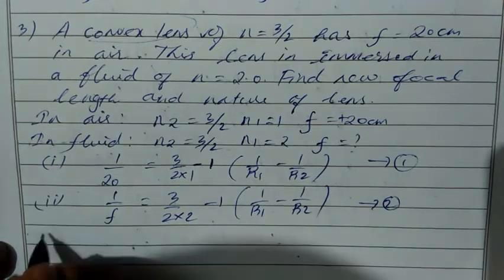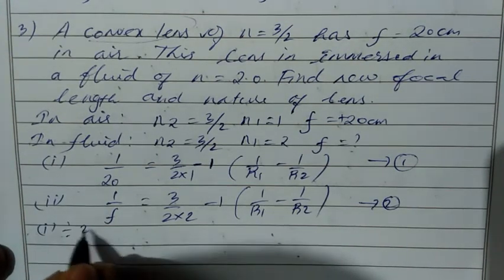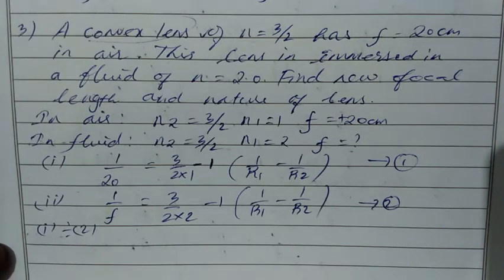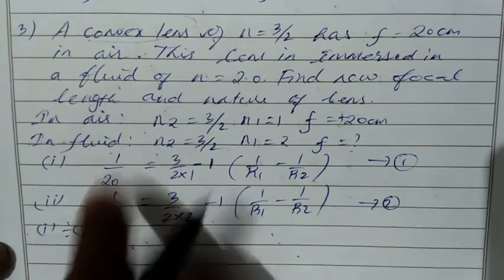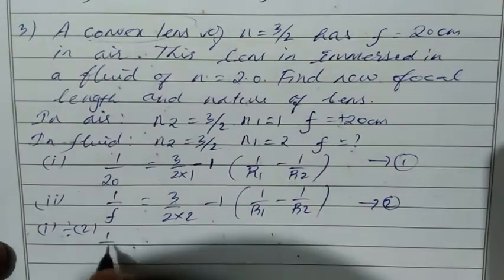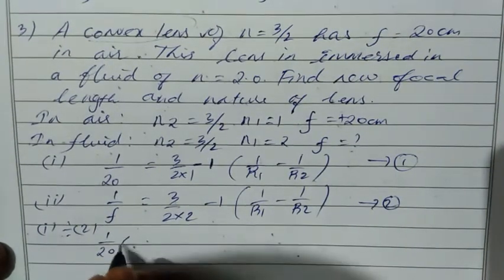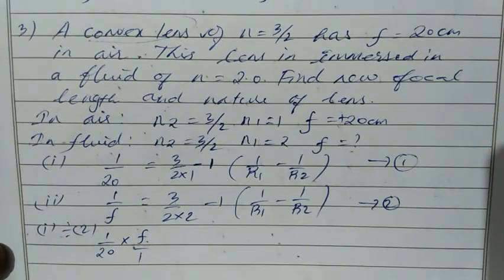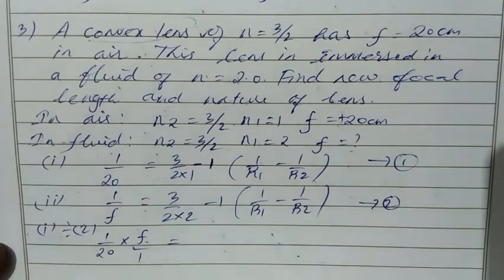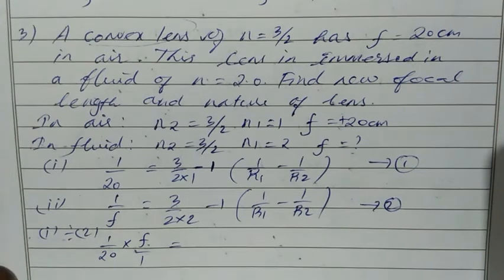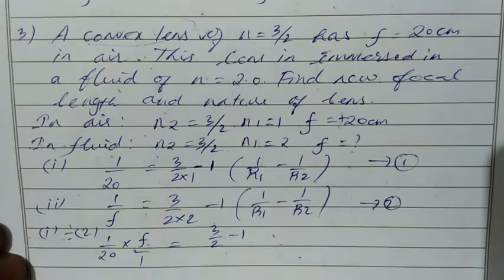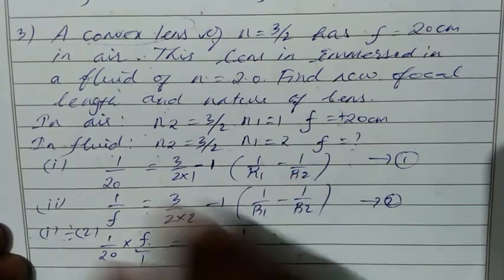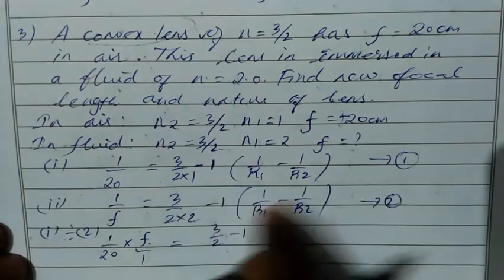Now divide equation 1 by equation 2. First we do the left hand side, then go to the right hand side. 1 by 20 divided by 1 by F, I can write as F by 20, reciprocal multiplication, equal to, here we have 3 by 2 minus 1, times (1 by R1 minus 1 by R2), divided by (3 by 4 minus 1), times (1 by R1 minus 1 by R2).